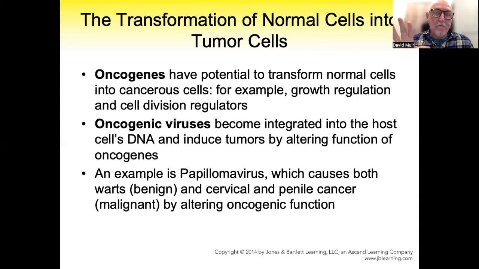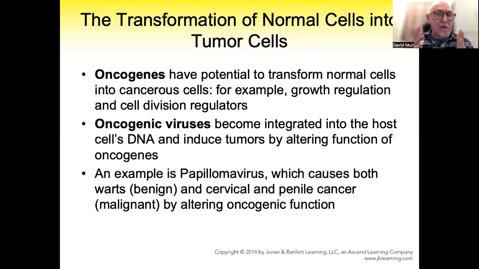Within our genome, there are certain genes which are commonly implicated in the formation of cancerous tissue. These are referred to as the oncogenes. Remember that cancer arises because of a dysregulation of growth and cell division.